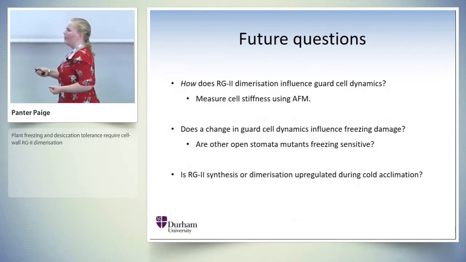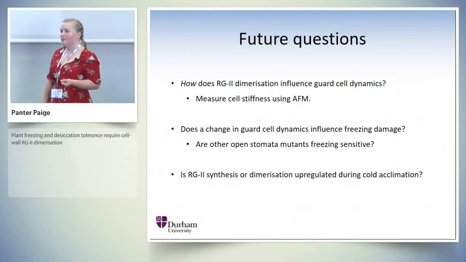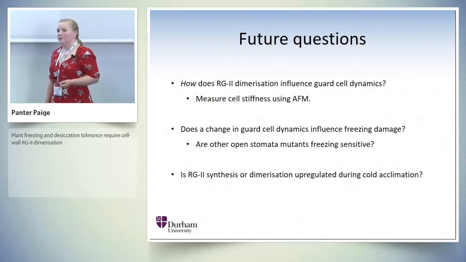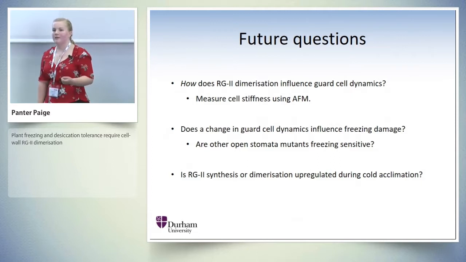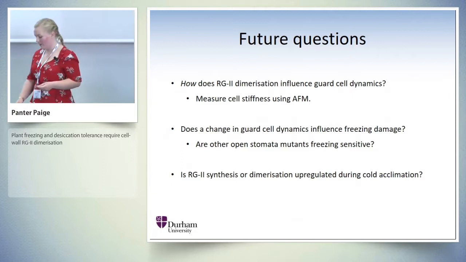And finally, going back to that aspect of cold acclimation, what I'd like to know is whether RG2 synthesis or dimerisation is upregulated during cold acclimation, which would again suggest it's directly important and necessary for that freezing tolerance. And that's something that I'm working on now.